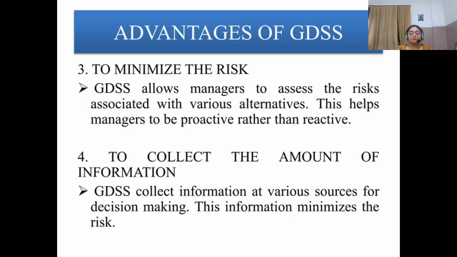This helps managers to be proactive there rather than reactive. पहले से ही रिस्क का पता होना और उसके हिसाब से कुछ ऑल्टरनेट्स को रखना, वो GDSS काम करता है। तो ये मैनेजर को हेल्प करता है कि मैनेजर प्रोएक्टिव बने। ये नहीं है कि सिचुएशन आई तब सोचना है कि क्या करना है, नहीं, उन्होंने पहले से ही रिस्क को आइडेंटिफाई कर लिया, रिस्क एनालिसिस कर ली और तब उसके ऑल्टरनेटिव्स भी अपने पास रख लिए। This helps them to assess the risk associated with various alternatives, and this makes them proactive rather than reactive.